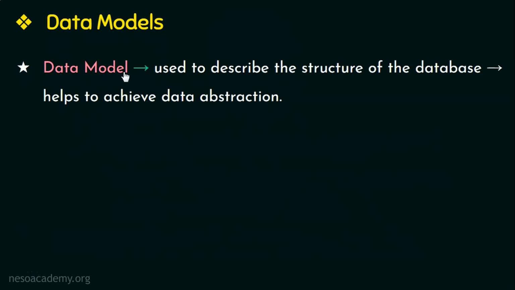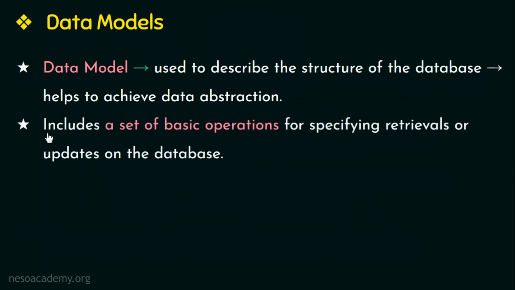A data model is a collection of concepts used to describe the structure of the database, like specifying the data types, constraints, etc. Most data models include a set of basic operations to manipulate the data in the database, like retrieval of data from the database or updates on the data in the database.